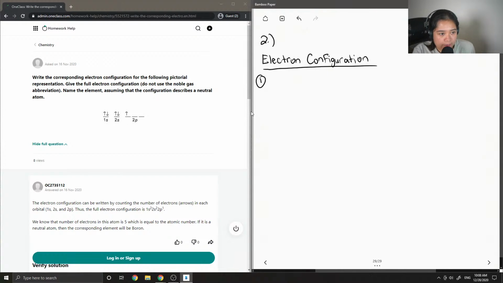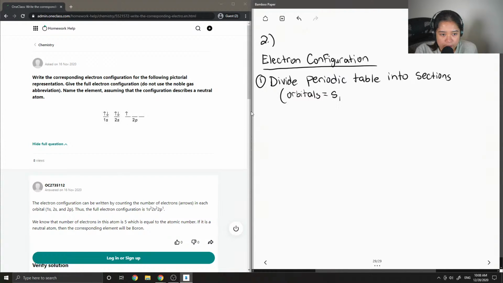So the first step in doing so is to divide your periodic table into sections for the different orbitals, which are S, P, D, and F.